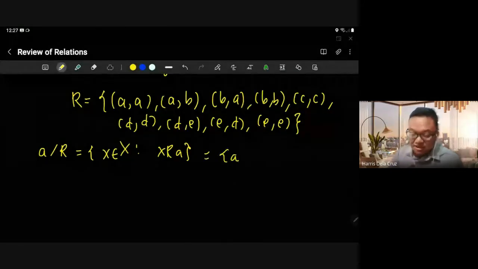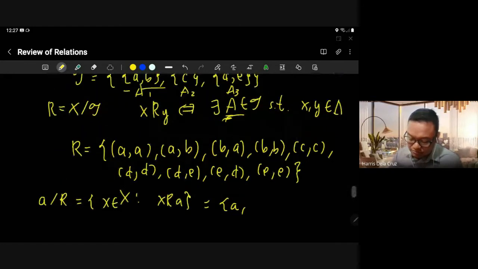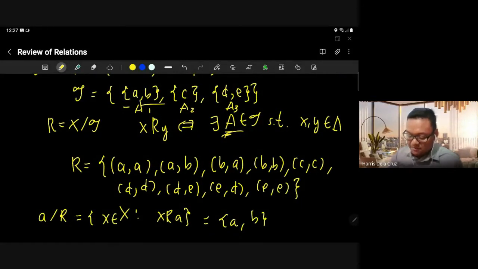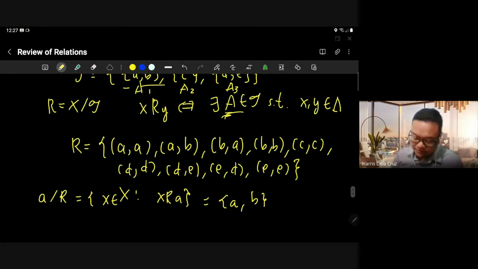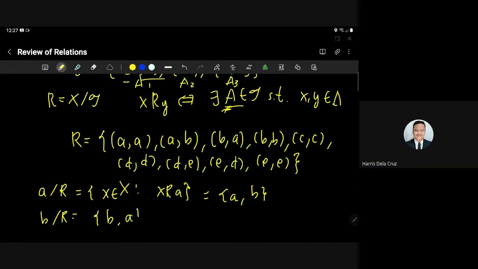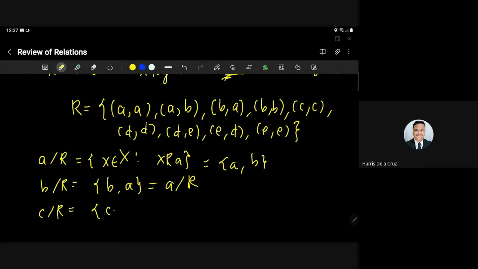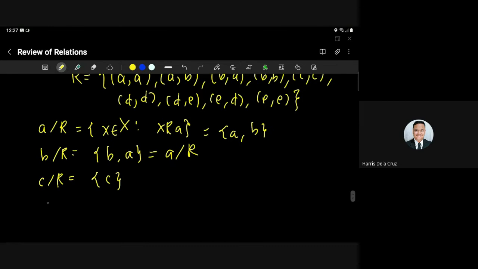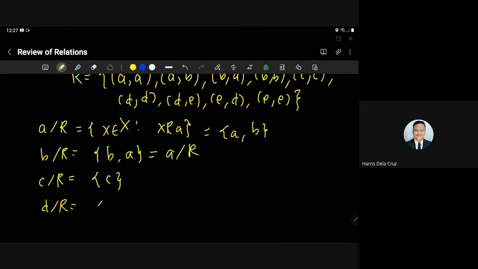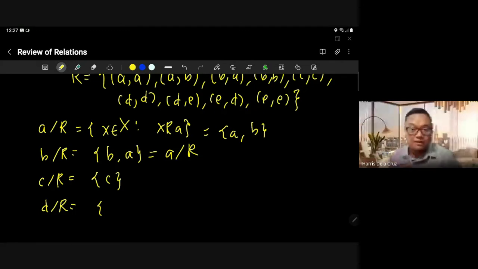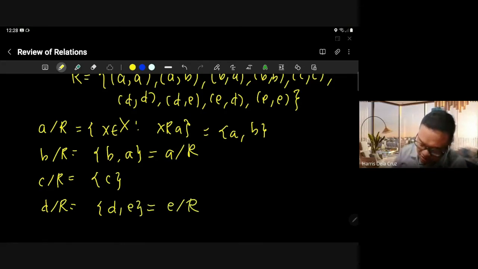Not only itself, because A is related to A, and also B, because A is related to B. And there's nothing else. So, they are all the ones related to A. If we take B related to R, this is all the elements that belong to the same set as B. And C is just that, it belongs to the same set as D. So that's D and E. And it's easy to show that this is E over R.